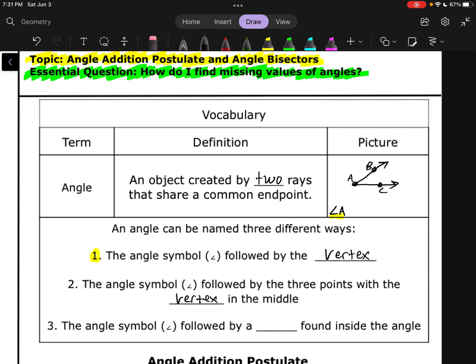So that would be angle BAC. We have to put A in the middle because that's the vertex.